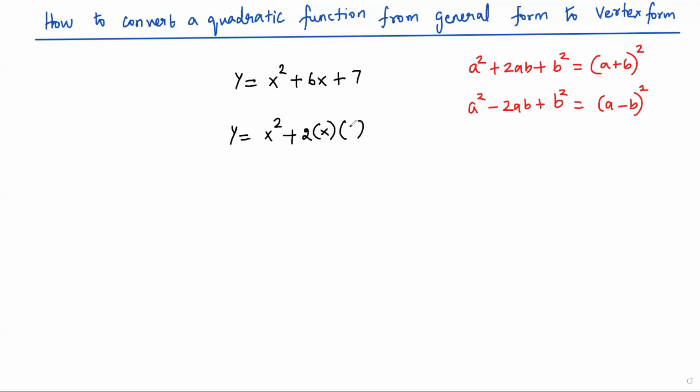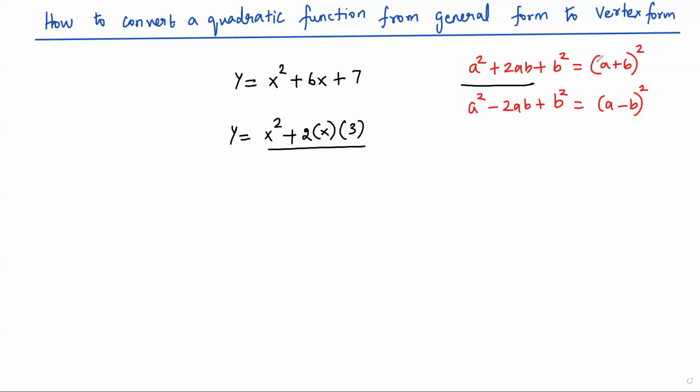Now I have to write some number over here, so that the product of these three quantities, 2, x and the number, must be equal to 6x, and I get the form a² + 2ab. What number should I write inside the parentheses so that the product of these three quantities is equal to 6x? It's very simple: we have to take 3. So 2 times x is 2x, and 2x times 3 is 6x. Now clearly this is in the form of a² + 2ab.